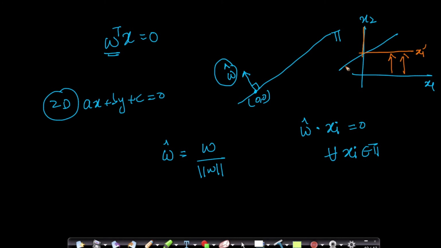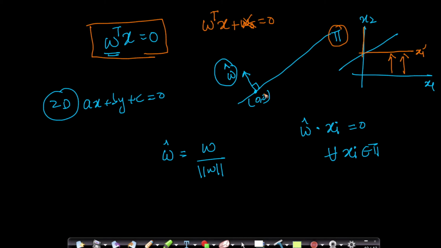So just for generality and simplicity, we'll assume that our planes typically pass through origin so that the equation form is much simpler to digest and interpret. If it doesn't pass through origin, I just have to write W transpose x plus W0 equals 0. So I'm avoiding this for simplicity. Let's assume all our planes from now on pass through origin unless I specifically say otherwise.